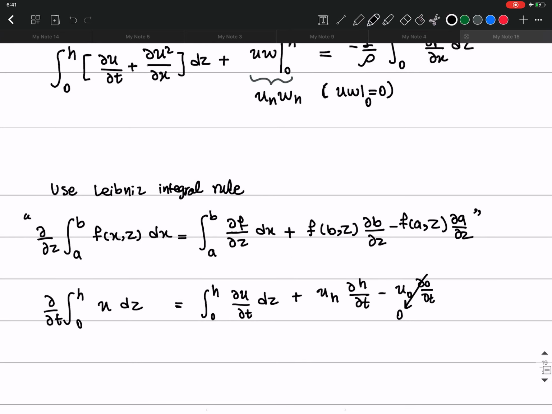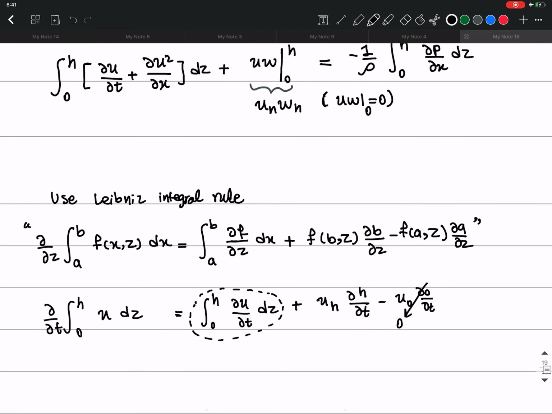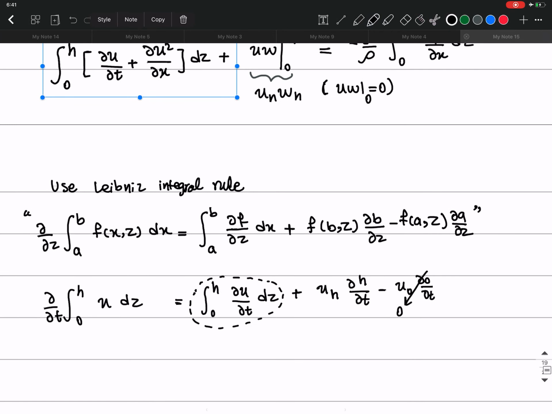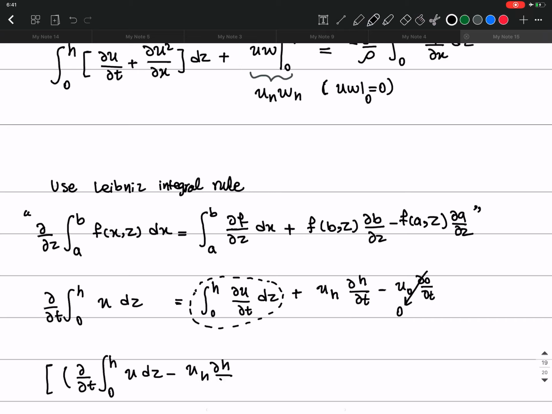Okay, so now instead of this, I'm going to use this Leibniz rule. So here we have this equation, so I'm going to write it as partial over partial t of the integral from 0 to h u dz minus this term, which is u_h partial h over partial t.